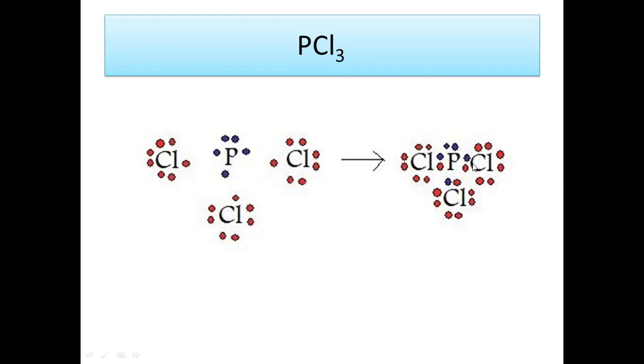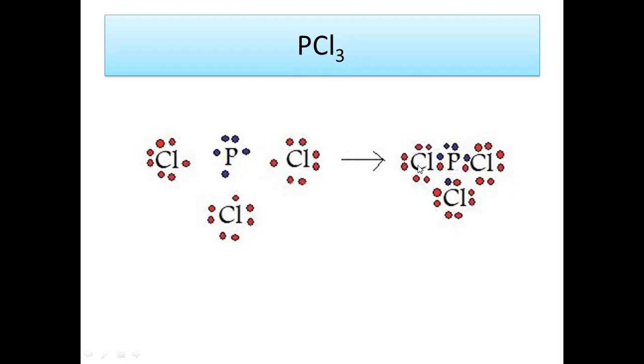So there is the sharing of the electrons of the phosphorus with the chlorines, and this is the completion of the octet of each of the chlorine atoms as well as the phosphorus. And here there are eight electrons in the valence shell of the phosphorus and the chlorine atoms after sharing of electrons between them.